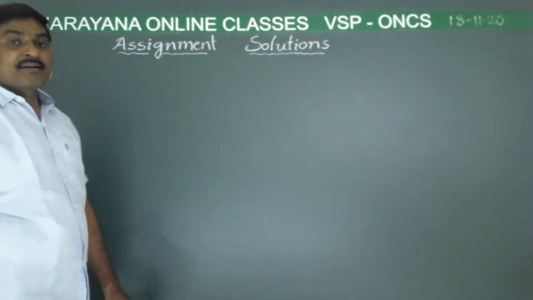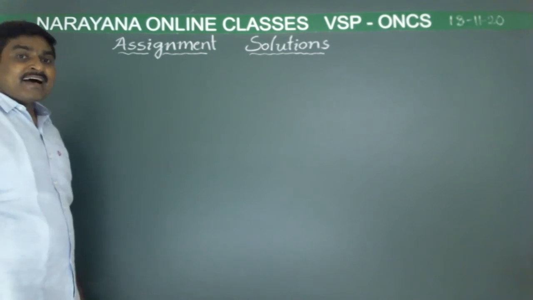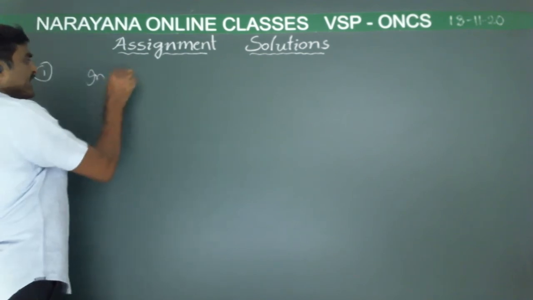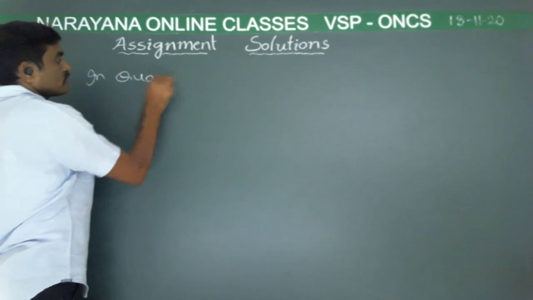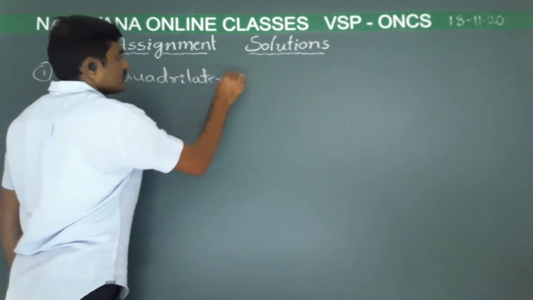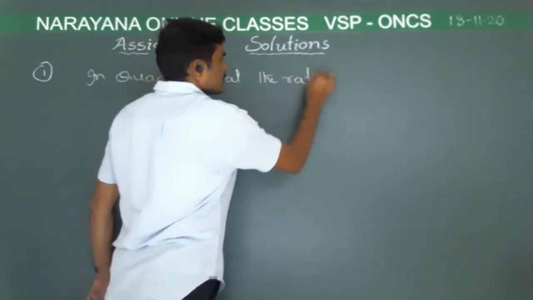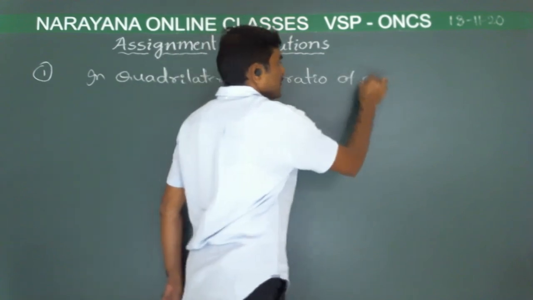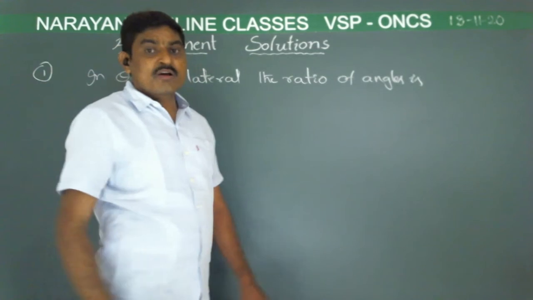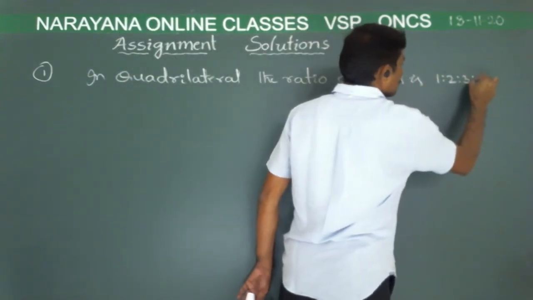In a quadrilateral, the ratio of the angles is 1 is to 2 is to 3 is to 4.